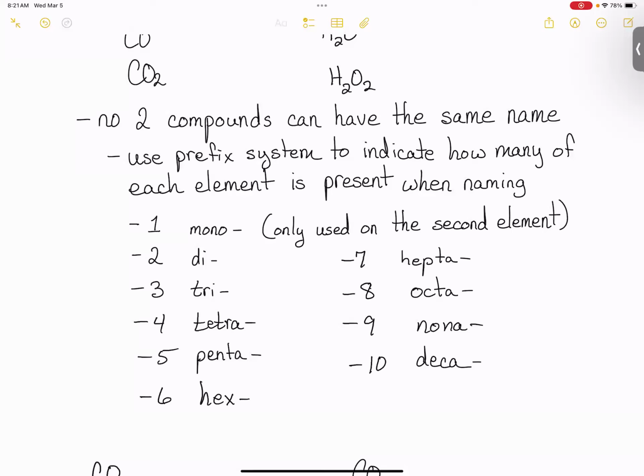Whereas once you get to 2 through 10, if there are multiples of the first element, you will use a prefix. And you will use a prefix on the second element. So again, mono is the oddball. It's only used on the second element. Otherwise, prefixes are used for the first element and the second element in a binary covalent molecule.